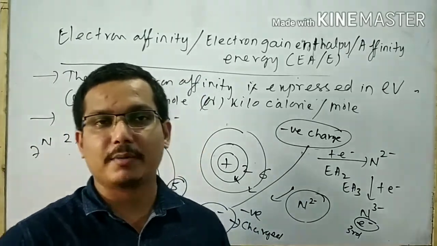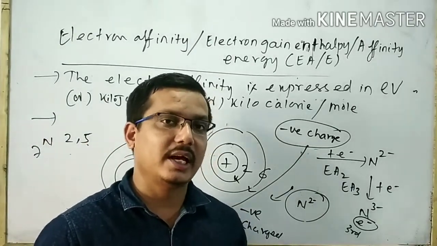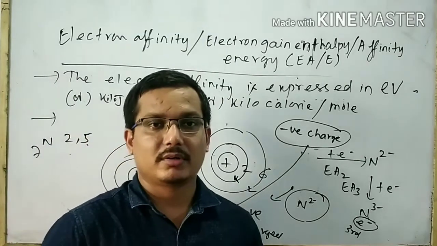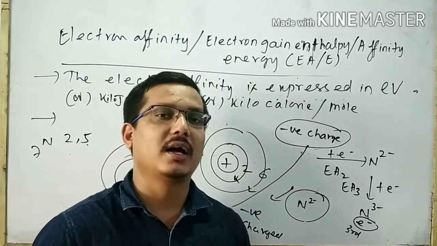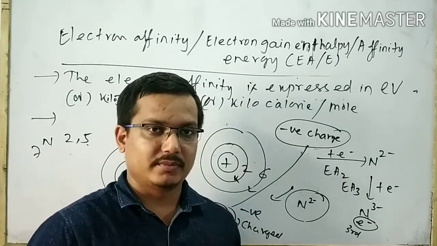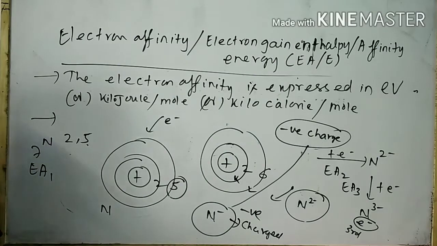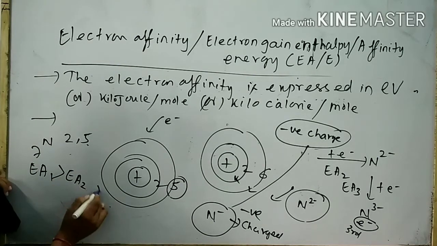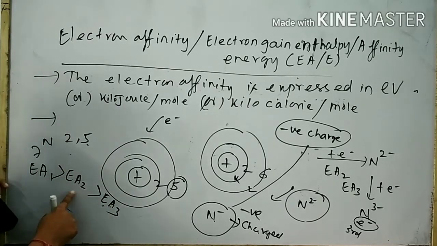Like that, for the third electron, there is an increase in the repulsion between the electron to be added and the ion. That means we can write a point: electron affinity goes on decreasing like this. EA1 greater than EA2 greater than EA3.